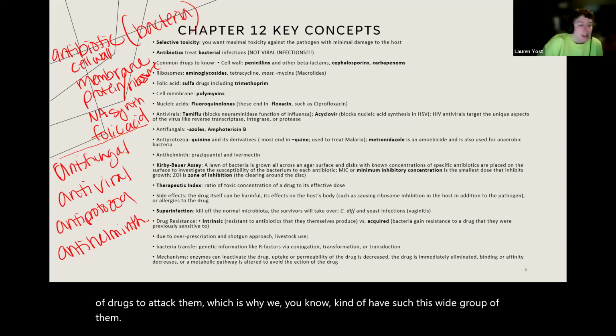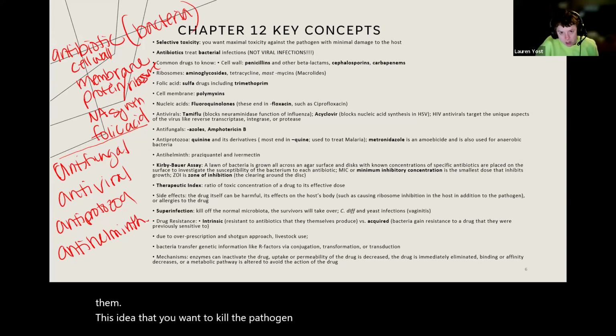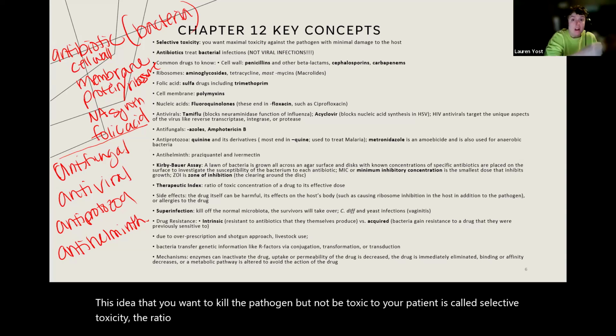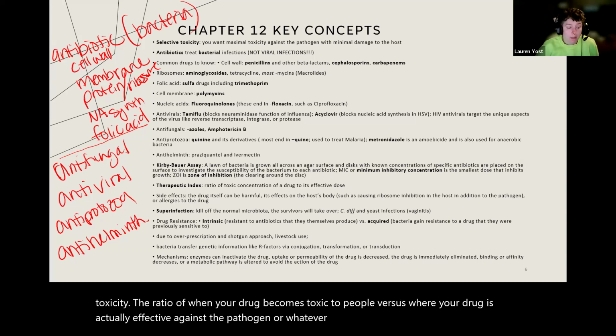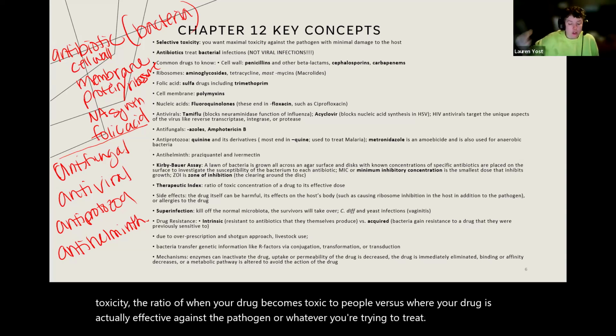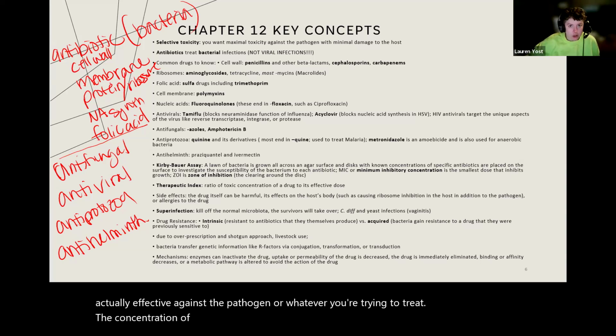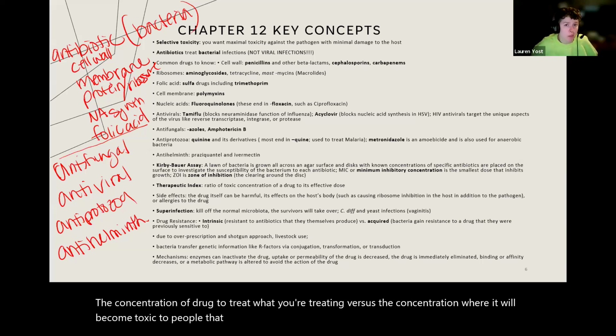This idea that you want to kill the pathogen but not be toxic to your patient is called selective toxicity. The concentration of drug to treat what you're treating versus the concentration where it will become toxic to people, the ratio of those numbers, is called the therapeutic index.